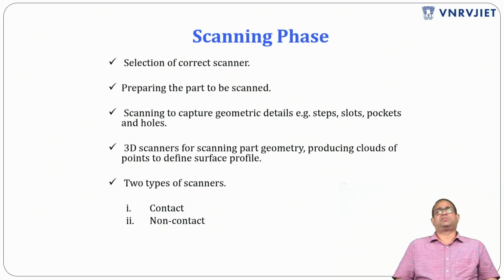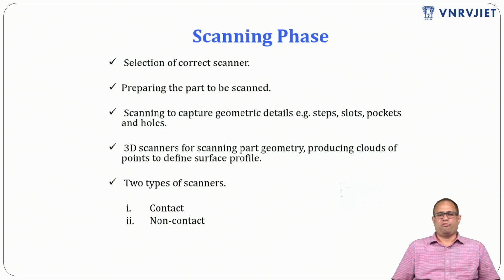The scanning phase is done with the help of contact scanners and non-contact scanners. Contact scanners means that, if you want to obtain the features of a physical object, there is equipment called a CMM. That CMM has a probe, and the probe is in contact with the surface geometry of the part whose features we want to obtain.